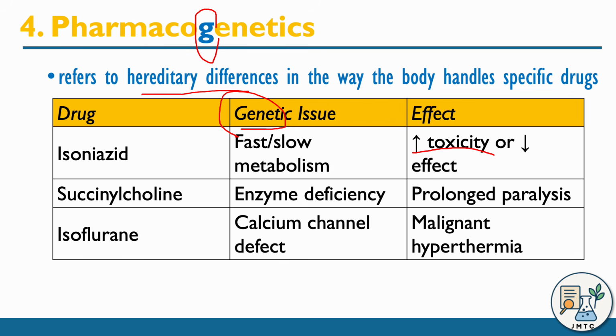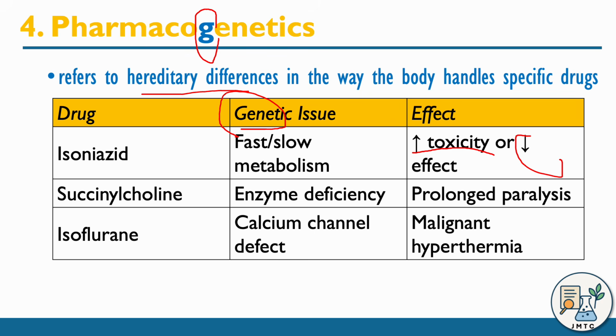The drug, dahil metabolize ito fast, is removed fast sa katawan natin. Therefore, the effect of the isoniazid is lower. And if you still can remember our slide on pharmacokinetics, it's shown there that many Asians are actually rapid inactivators. Mabilis ang metabolism, meaning mas mababa yung effect.